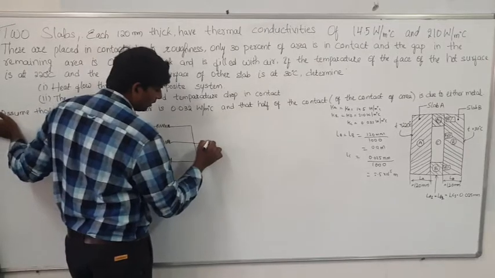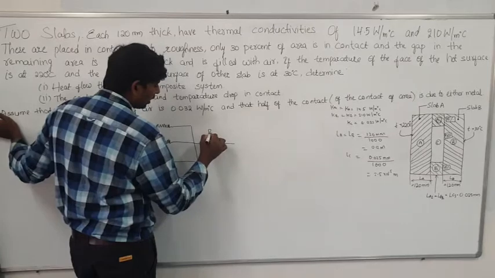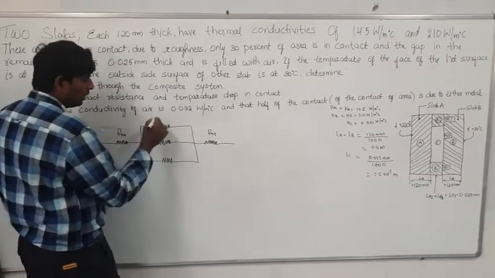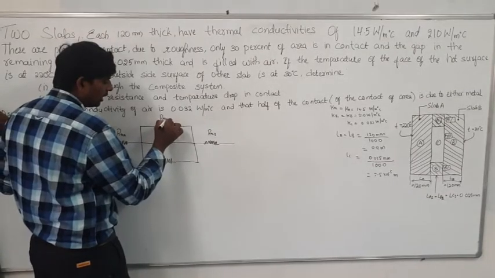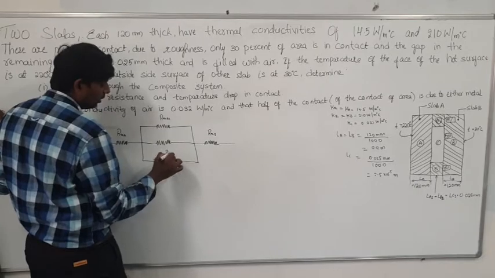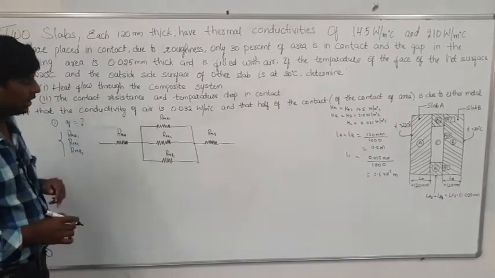And this is my resistance B. So here you can write RthB, and here RthA, and here RthA1, and here RthB1, and here RthC.